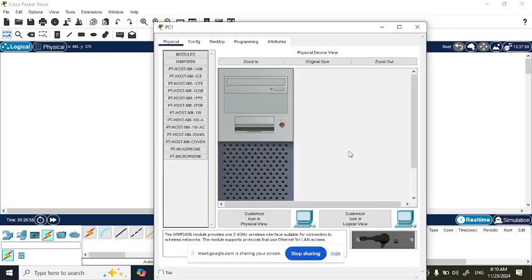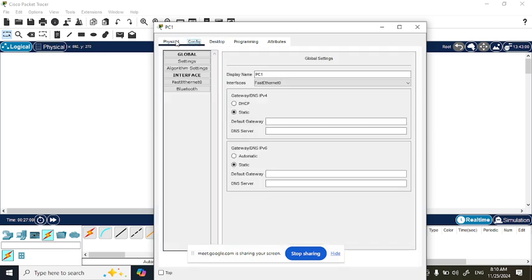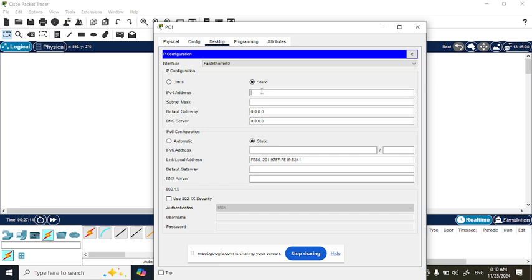Now I am coming to this PC. First of all, I need to give the IP address to this PC. Guys, do these practicals so that you can gain the confidence.